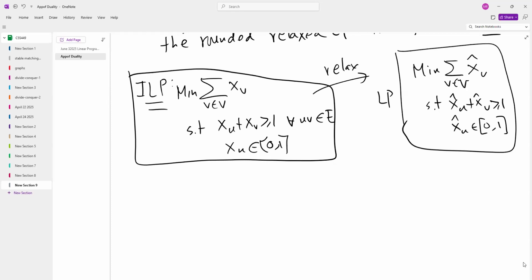If I solve both of these problems, I get an optimal solution for the ILP and an optimal solution for the LP. Two numbers. I want to know which one is smaller. We are trying to minimize, right? Which one gives you a smaller number?